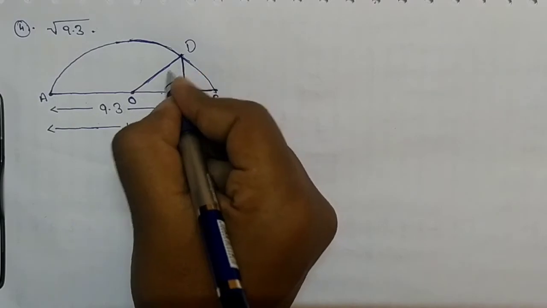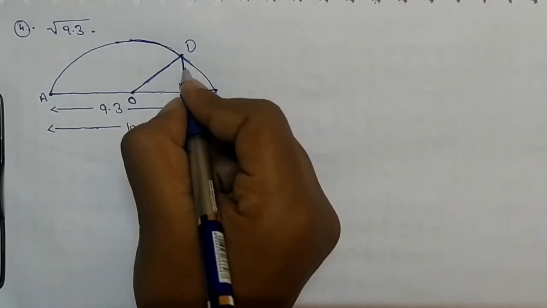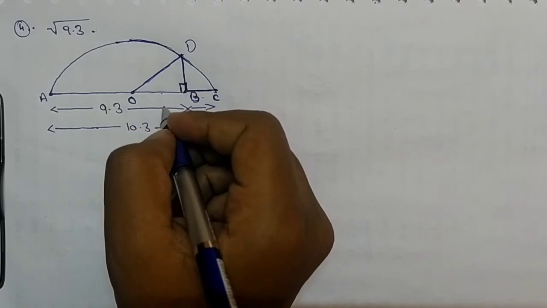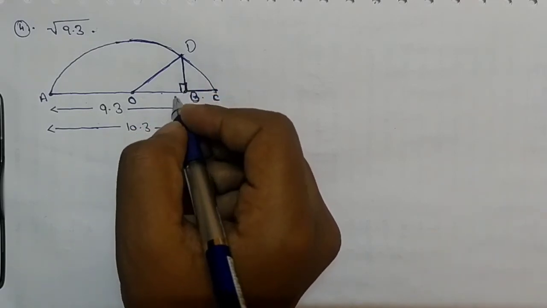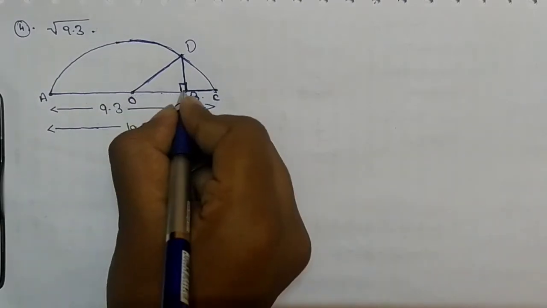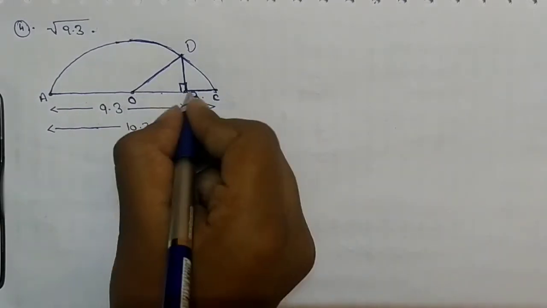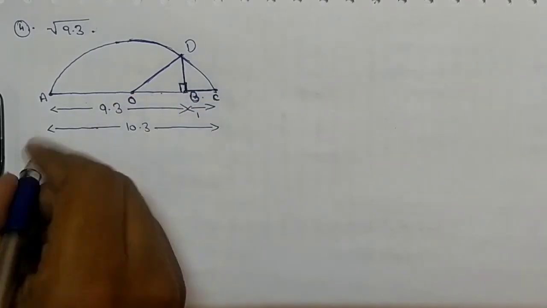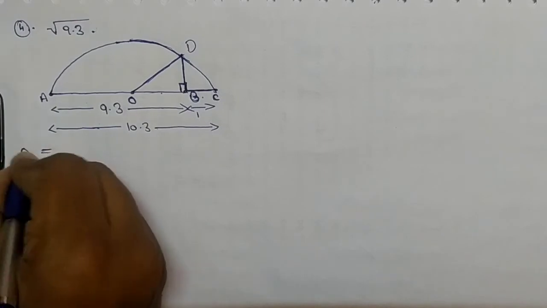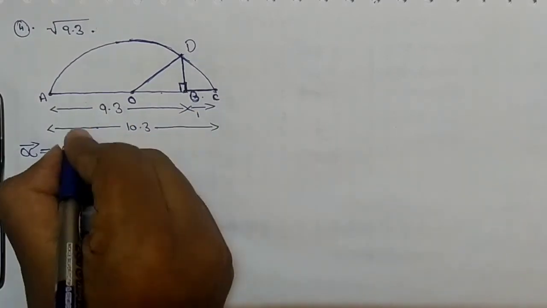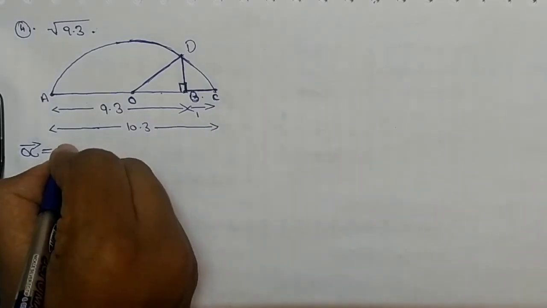We need to select these sides from the Pythagoras theorem such that BD is equal to root of 9.3. For that, we need to measure the length OB. You don't know how much OB is, but you know how much OC is. OC is the whole length 10.3 divided by 2.